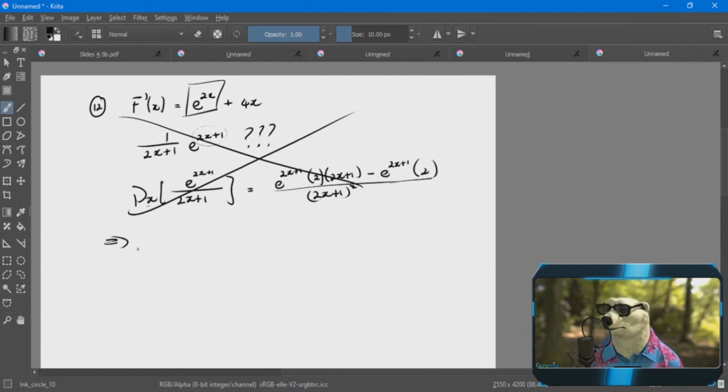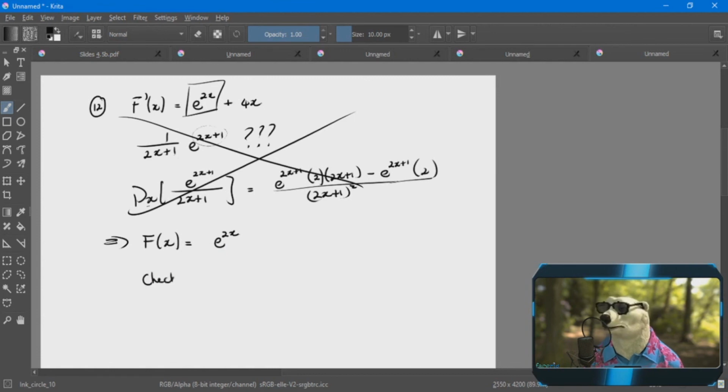Instead, let's build our antiderivative nice and carefully and think, how can I end up with a derivative answer of e to the 2x? Because it's an exponential function with base e, it's going to have to be e to the 2x. There is no other way to get it.